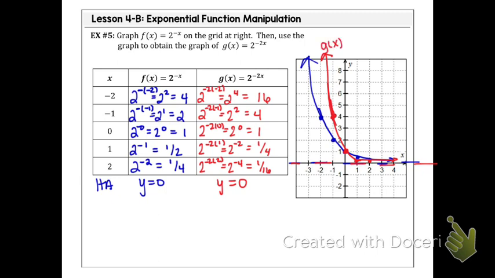That's g of x, and the first one I graphed there was f of x.